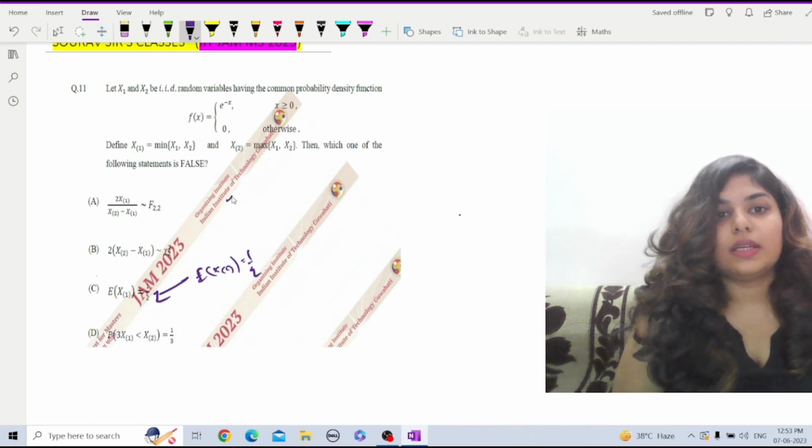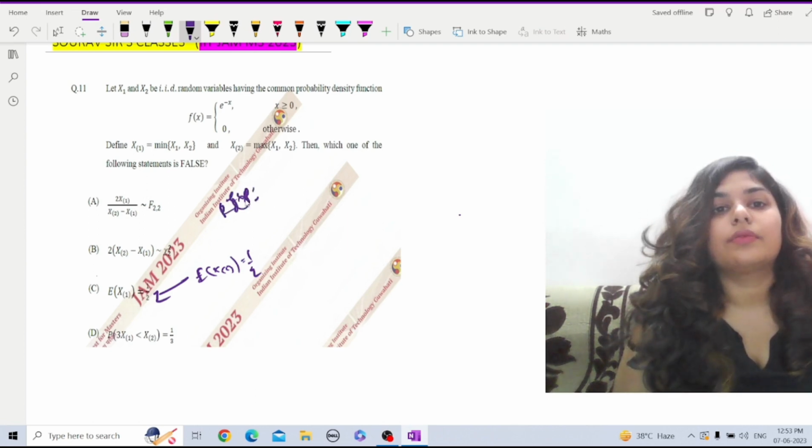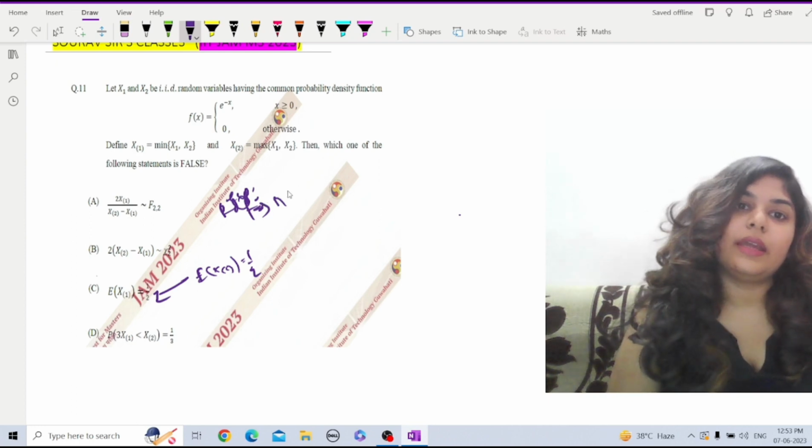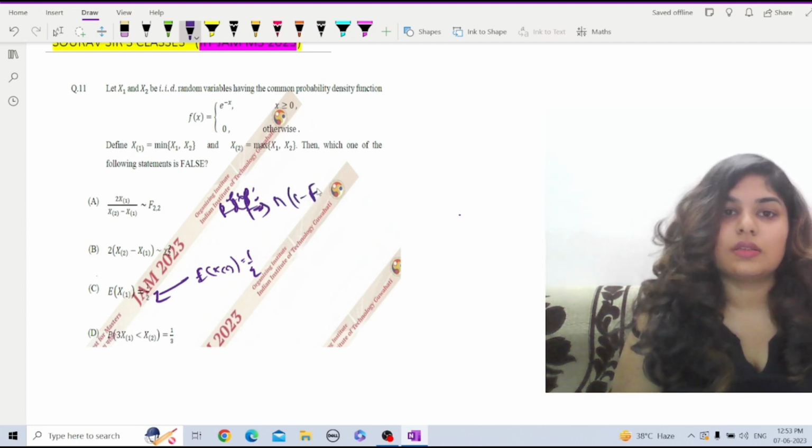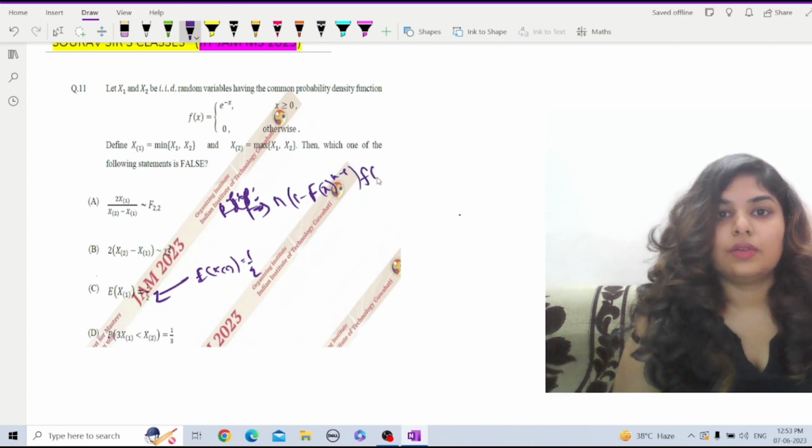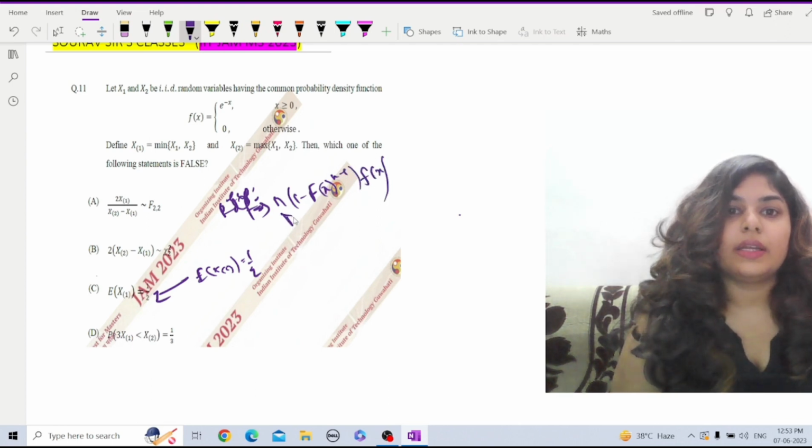Now let's say the explanation here is basically the PDF of this form will be n into (1 minus CDF) to the power n minus 1 into the f(x) form, right? Now here n is equal to 2, 1 minus e to the power minus x, to the power 2 minus 1 is 1, into f(x), that is e to the minus x, right?